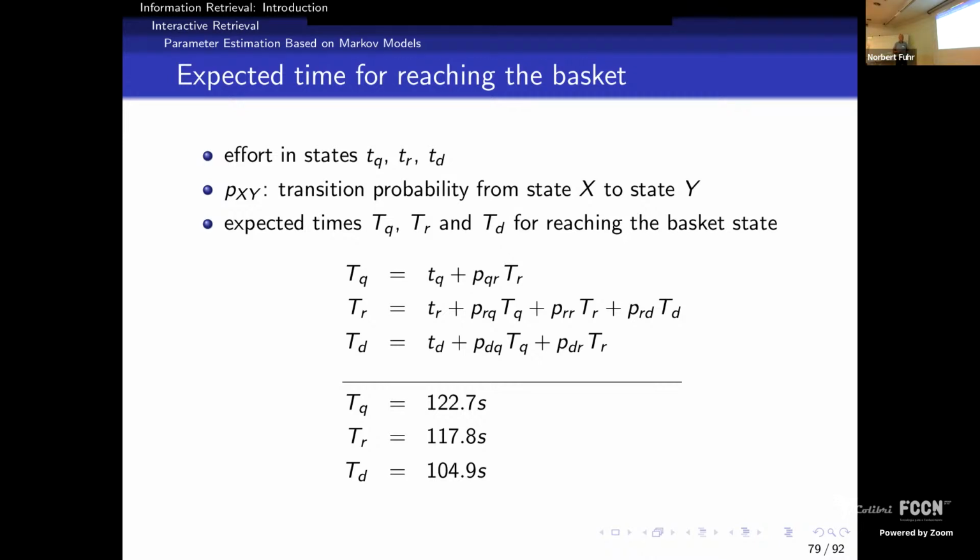So we are looking at the document. That's how much closer we get to our goal, to find a relevant document. So that's the basic idea of how we can estimate the parameters, and based on that, estimate the benefit. That is, how much closer do we get.